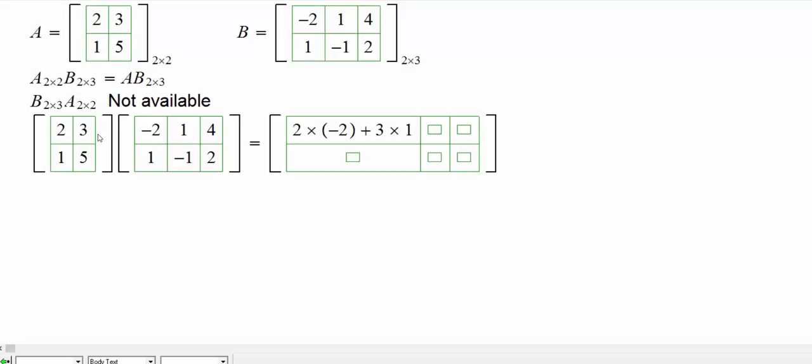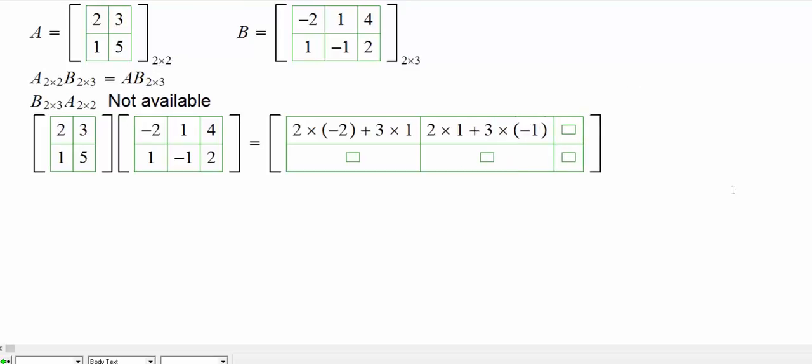So we'll take the first row of the first matrix, second column of the second matrix, and multiply the corresponding elements. What do I mean? First element with first, second with second. So we got, okay. So then we got 3 times how much? 3 times -1, right?